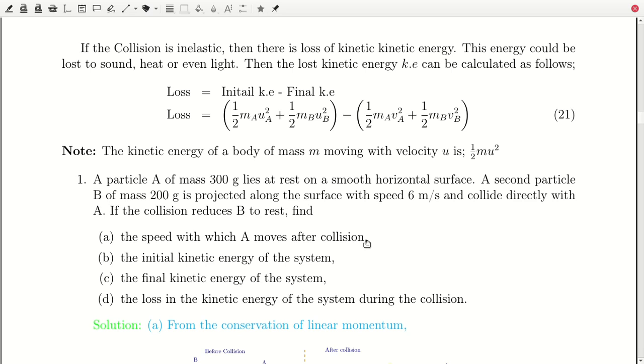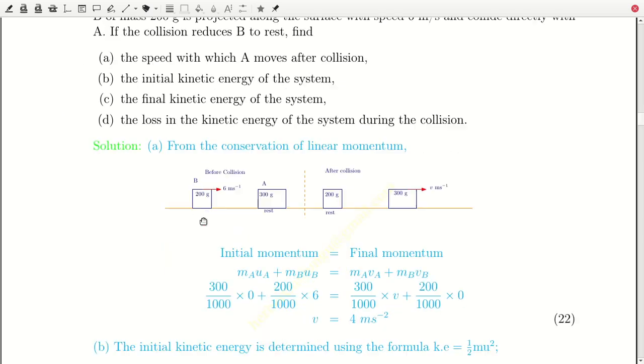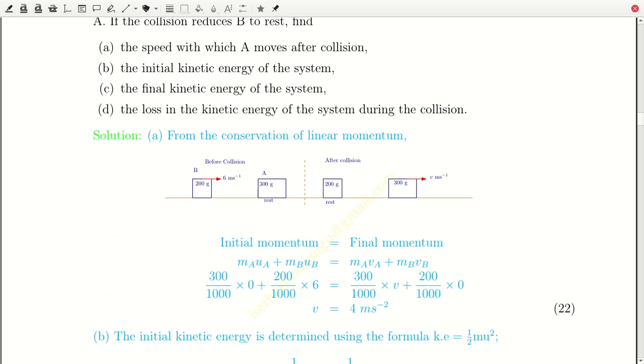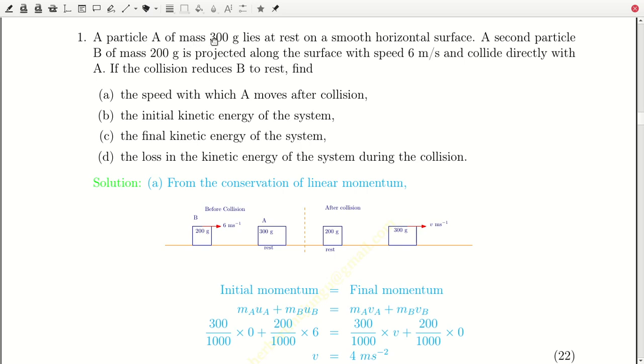So here, before we do anything, we expect you first of all to sketch, like what we already said before. You make a sketch. You can see it's our sketch. Initially they are saying particle A was at rest, which is here, and has a mass of 300 grams.